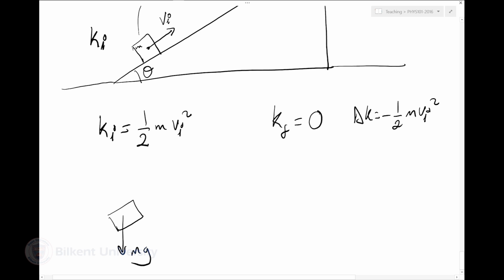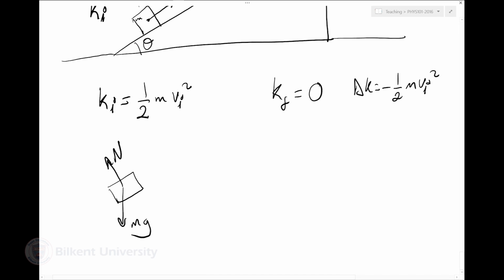I'll also have a normal force, which is again going to be a constant, and I'll have a friction force. Let's call this F friction. So I want to find out the work done by all these three forces. So let's say this is the work done by gravitational force plus work done by friction force plus work done by the normal force.